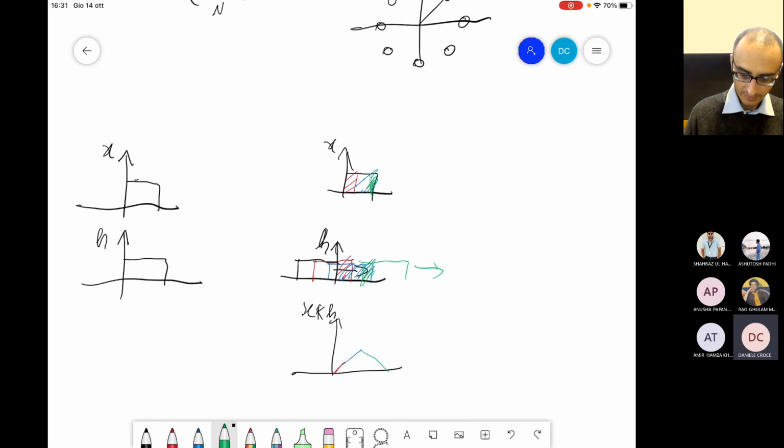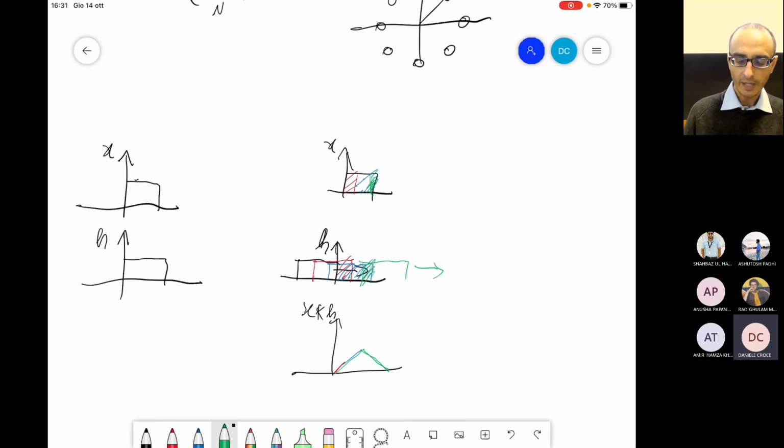And so then it goes down. So overall, this is what you obtain in the linear convolution. This you should know, right? Giusto? Okay.